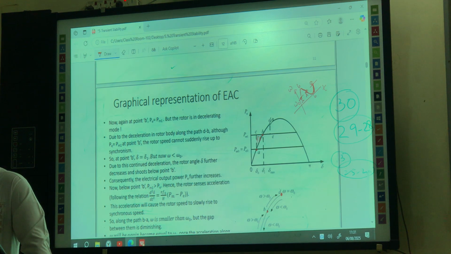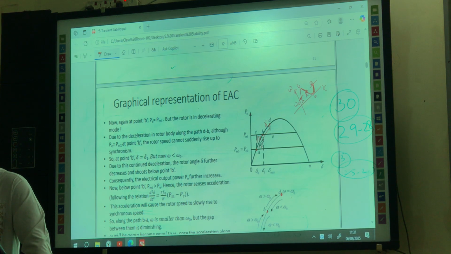Now from B to D, without damping it should come up to D. But if the damping effect comes into action, it will reach a value below this, because there will be some damping power. So it will come to, let's say, some D prime value that is below this D. Okay. Then in the next cycle it will go from D prime to B. Again it will not come to A, rather it will take a new value, A prime, that is above this A.